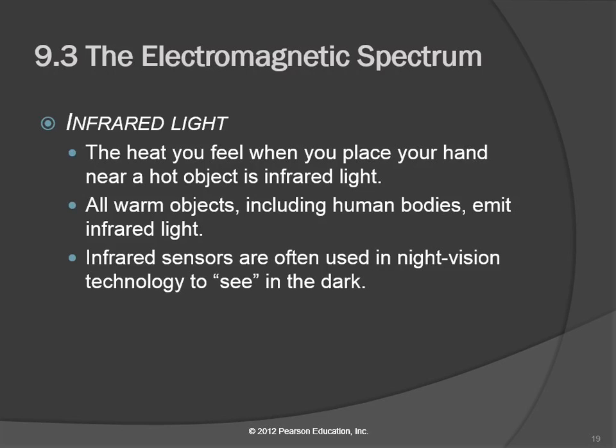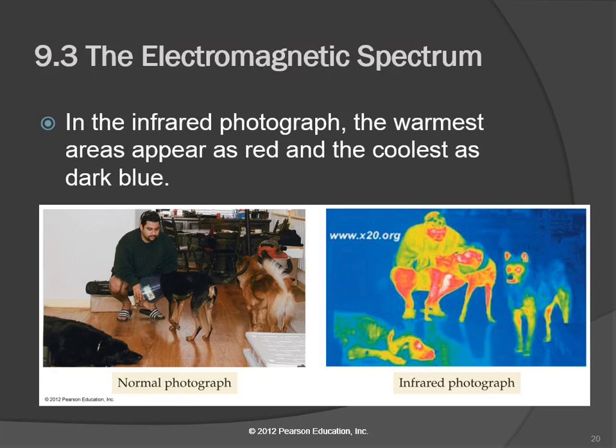Well, as it's giving off infrared radiation, it's also giving off a little bit of red light that we can see. Any warm object is giving off infrared light. And so you've heard about night vision technology. That uses infrared radiation instead of visible light.